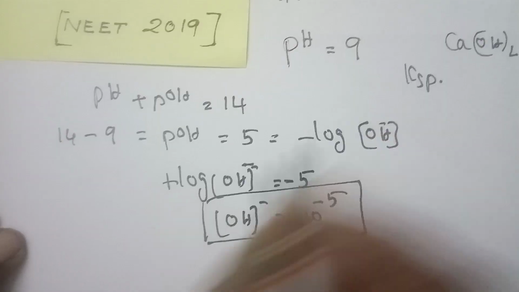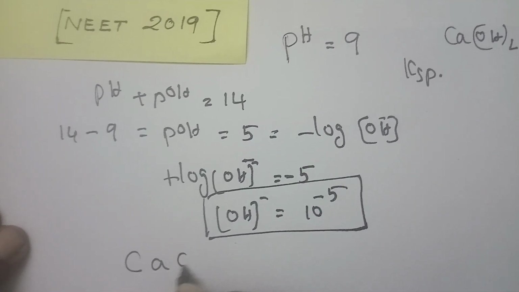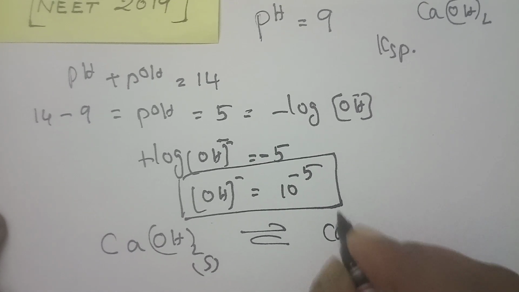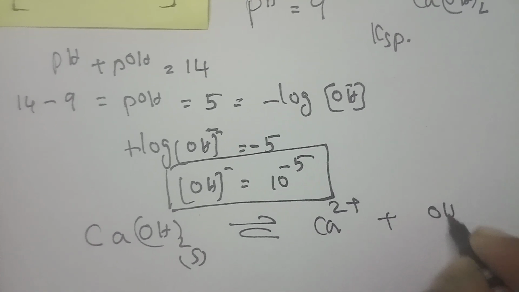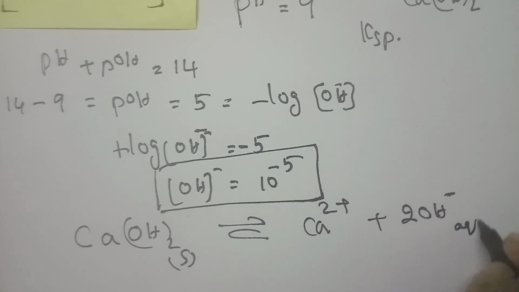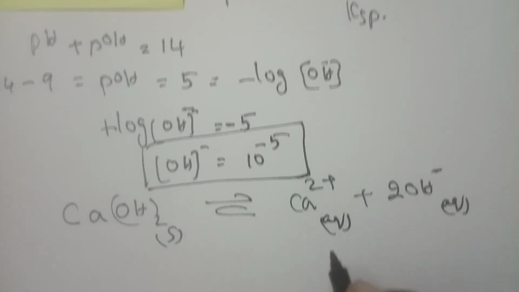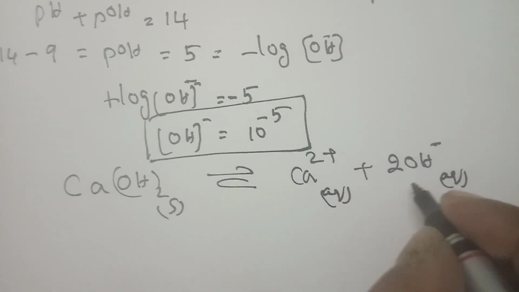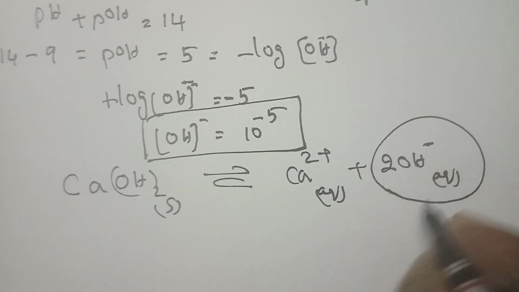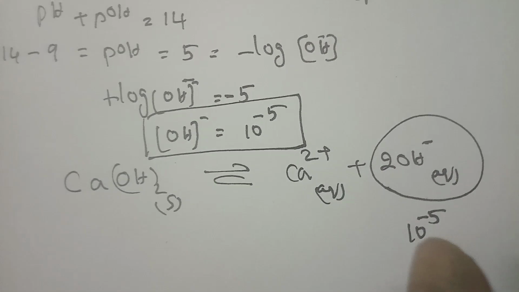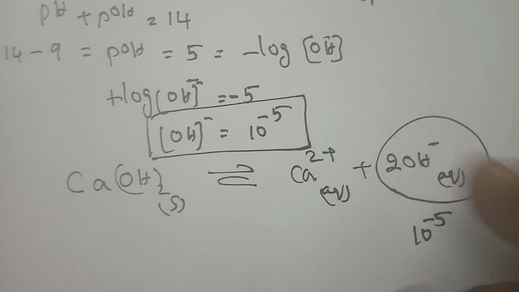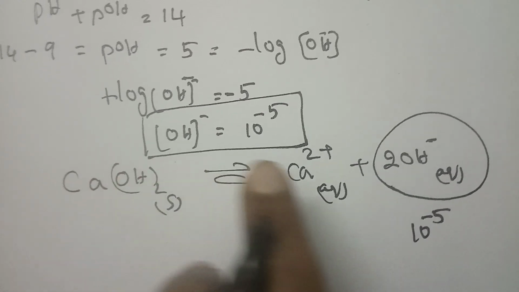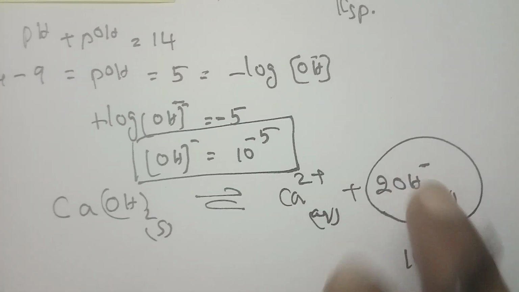Now let us write the equilibrium reaction for calcium hydroxide. In the equilibrium, the solid state exists as calcium and OH minus, which are in the aqueous condition. Now the overall concentration of OH is 10 to the power of minus 5. According to the stoichiometry, 1 mole of calcium hydroxide gives 1 mole of calcium and 2 moles of OH.